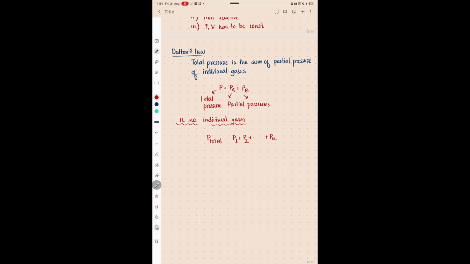That is the partial pressure of gas 1 plus the partial pressure of gas 2 up to the partial pressure of gas n. So we can write this as the summation of Pi, where i goes from 1 to n, equals P total. Okay, so this is your Dalton's law.